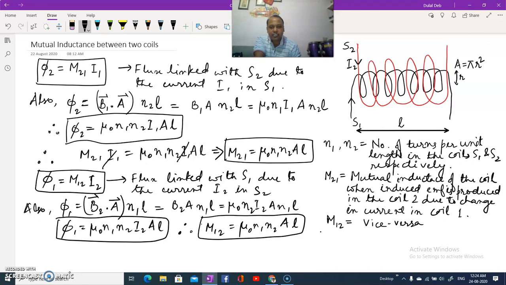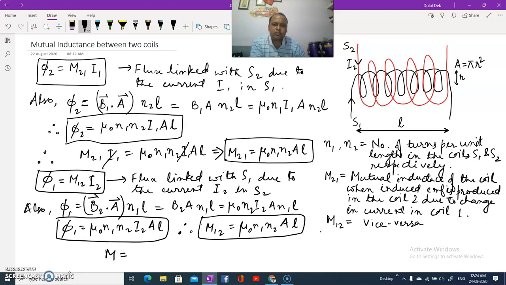So the general equation we can write is M, since both mutual inductances are equal. Whether we take the current in any one of the coils, the induced EMF is produced in the other coil and the mutual inductance remains the same.